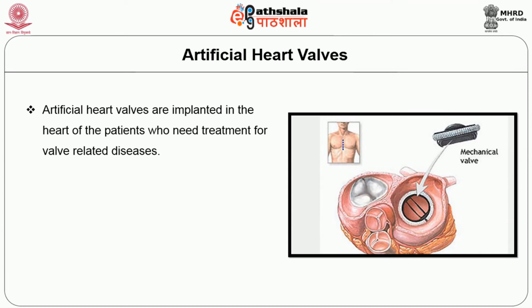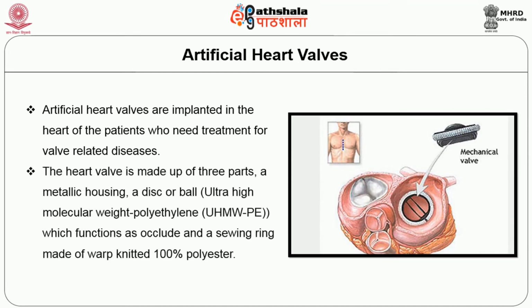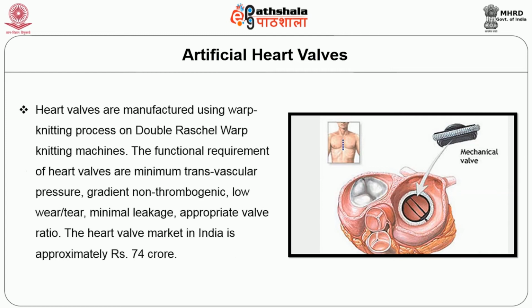These are implanted in patients who need treatment for heart diseases. The heart valve is made up of 3 parts: a metallic housing, a disc or ball which functions as the occluder, and a sewing ring made out of warp knitted 100% polyester. Heart valves are manufactured using the warp knitting process on a double Rachel warp knitting machine.